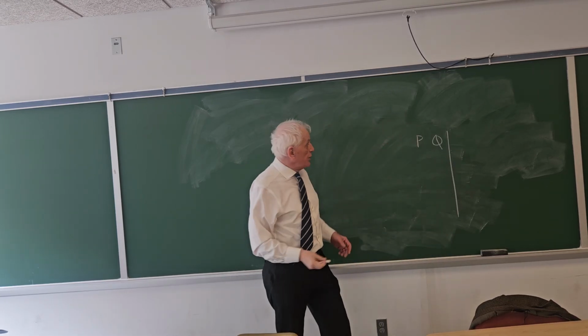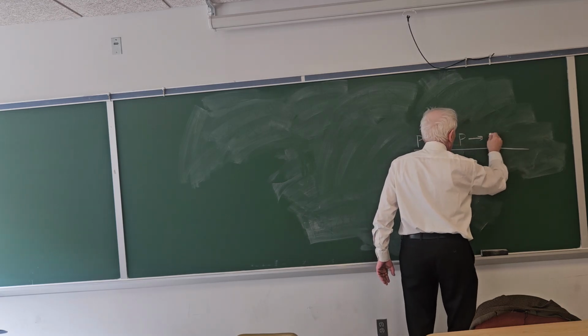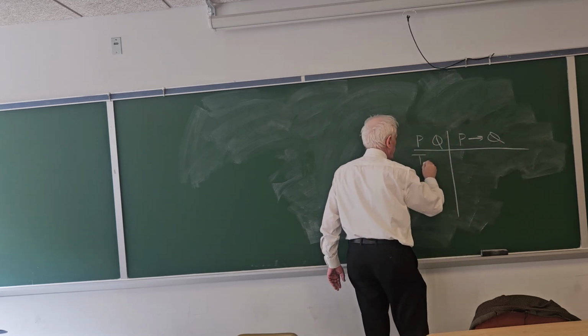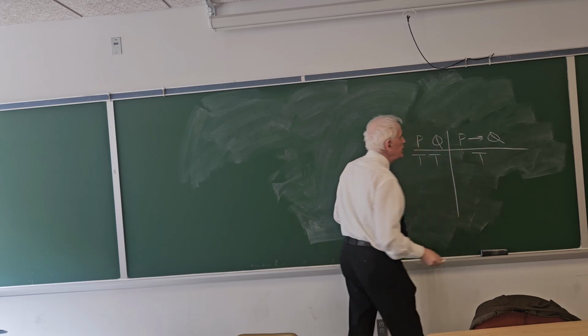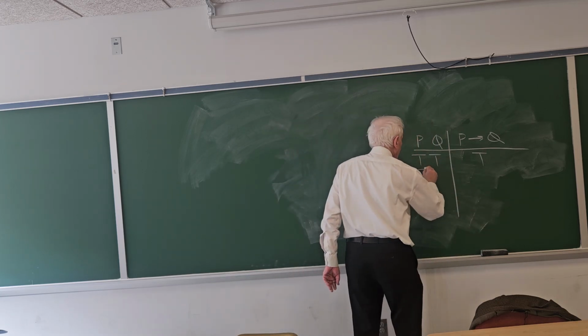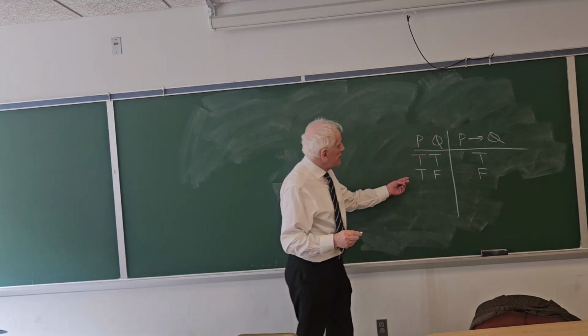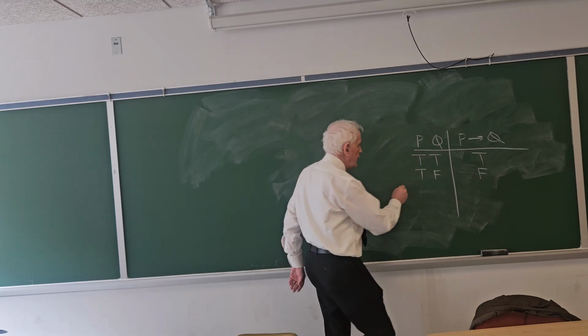Here is the truth function for the conditional. If P then Q. It's true when the antecedent and the consequent are true. It's false when the antecedent is true but the consequent is false.